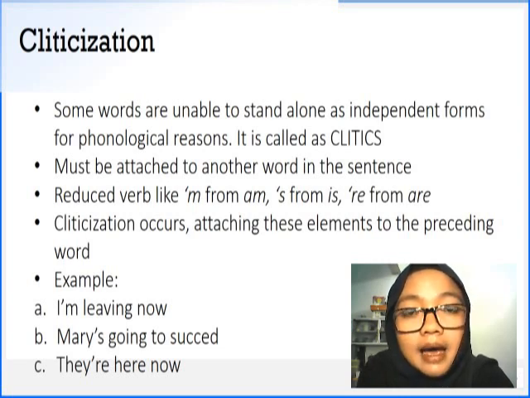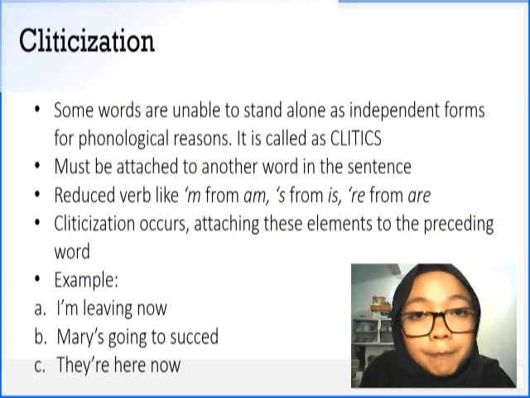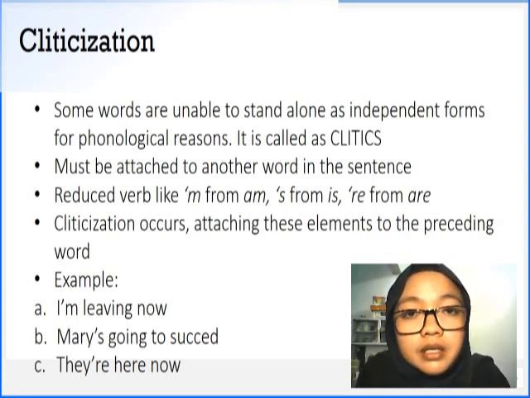I am here. Because of the phonological condition, the sound of I, a and e, meets again with am. So the e will be reduced. I'm. The vowel a and then am will be sounded together. That is called a phonological reason. It is the same with they are.